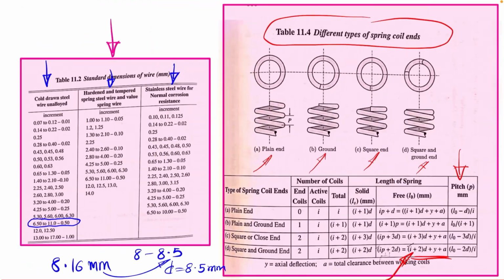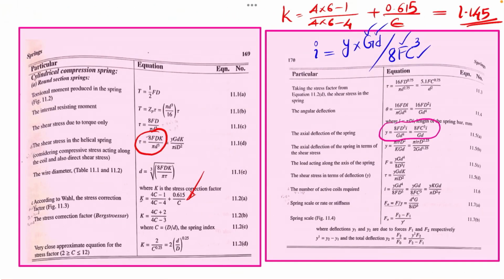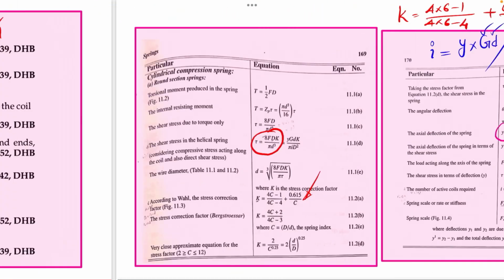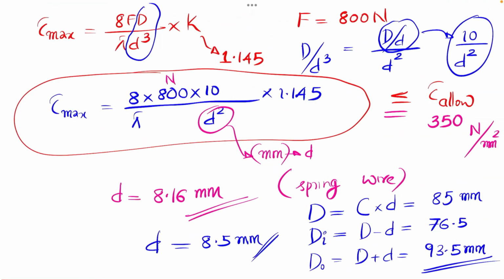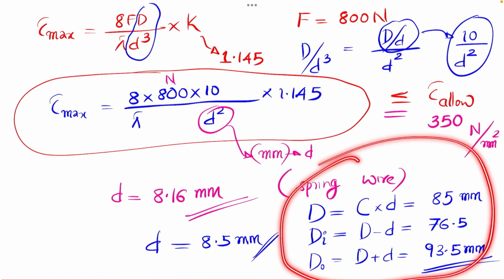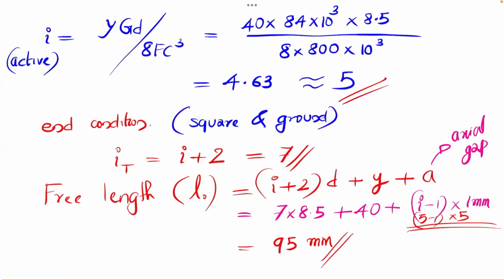So this is a simple type of problem from the design of helical springs. Here the load as well as the deflection was given, and also the spring index, that is the capital C, D by d ratio. From that we first evaluated the wire diameter, then we standardized it, then we found the coil diameters.